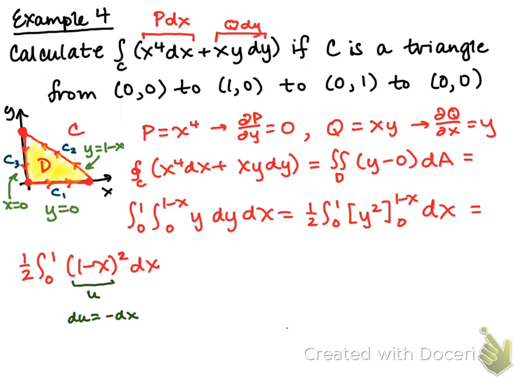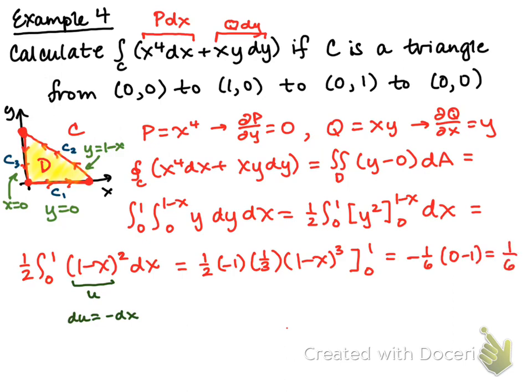Okay, so this is going to be 1/2. I need a negative 1 for the du, and then I'm going to get a 1/3 1 minus x cubed from 0 to 1. So that is negative 1/6 times 0 minus 1, which is 1/6. So great example of how Green's theorem can turn what could be really, really tedious work into something much more simple.